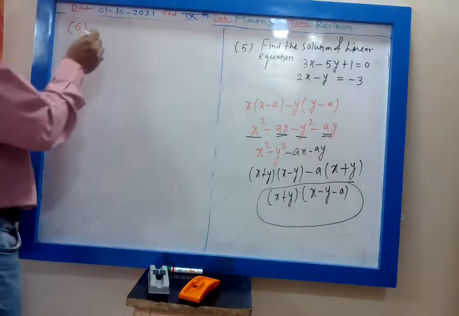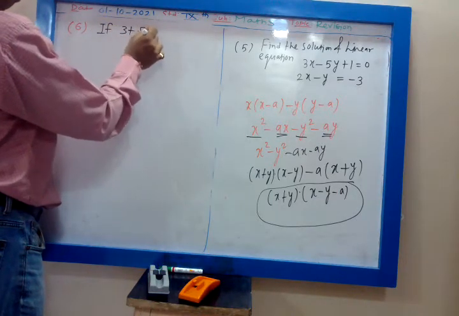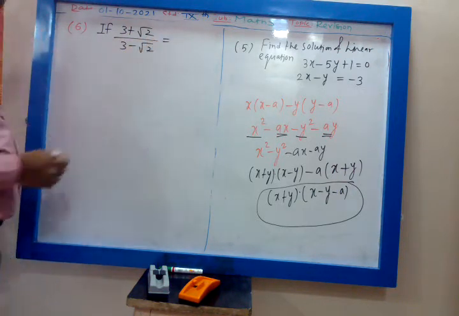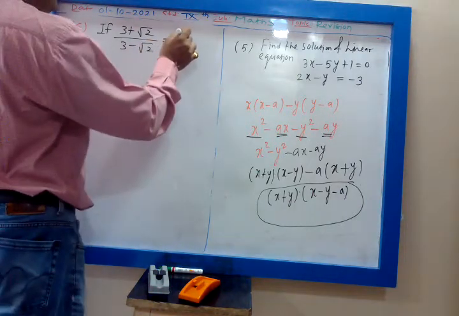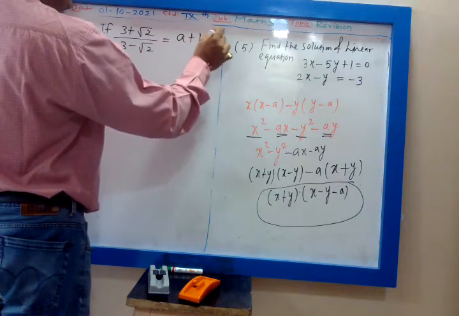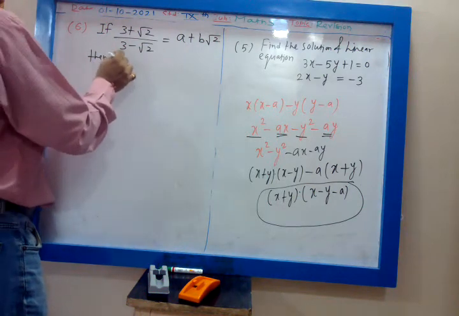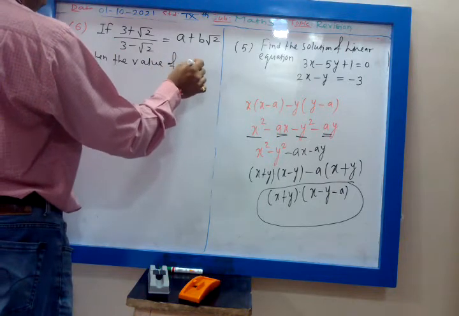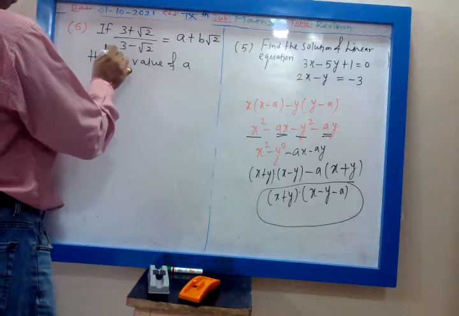If (3 plus root 2) upon (3 minus root 2) is equal to a plus b root 2, then find the value of a and b.